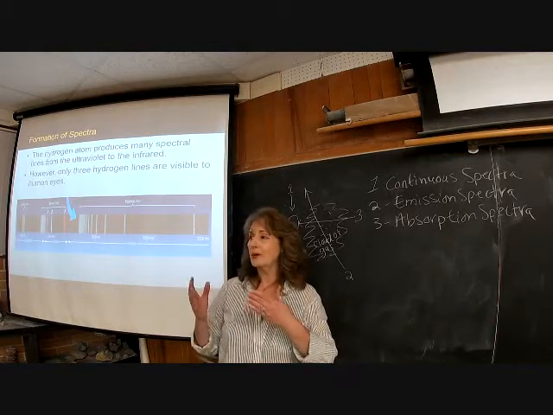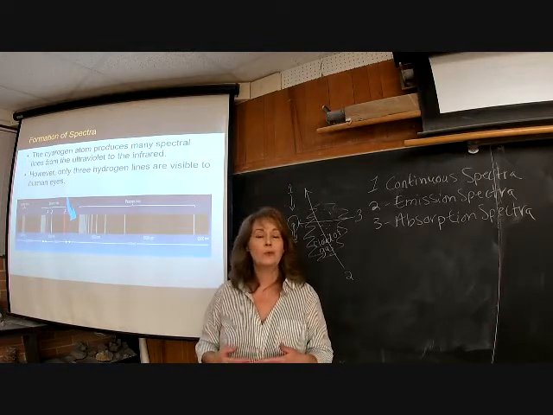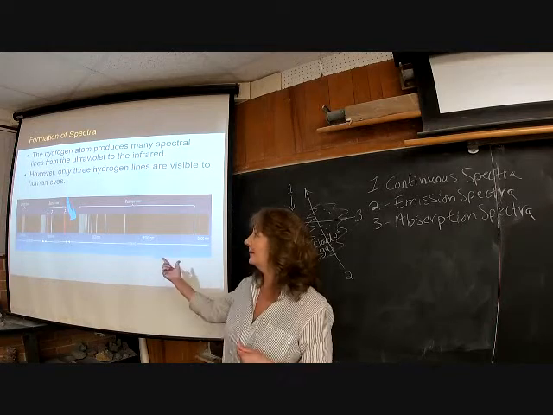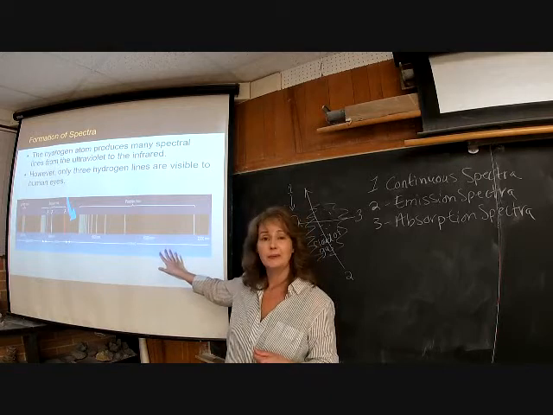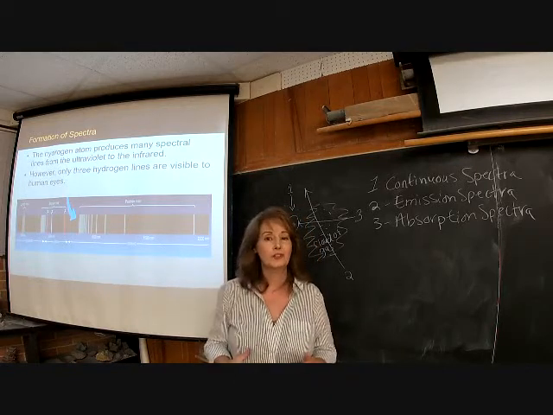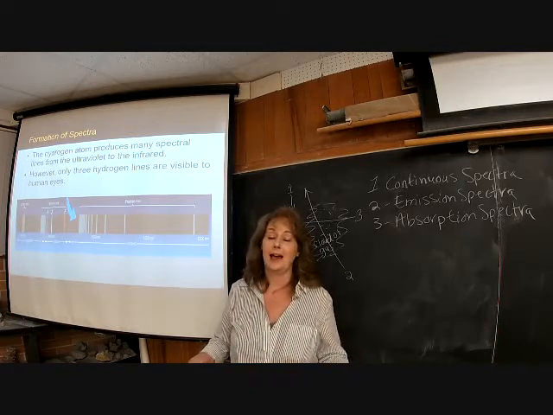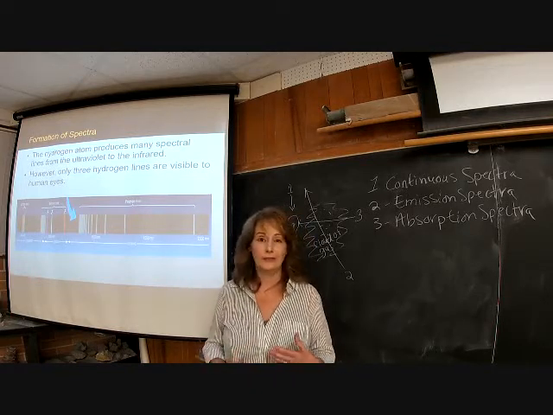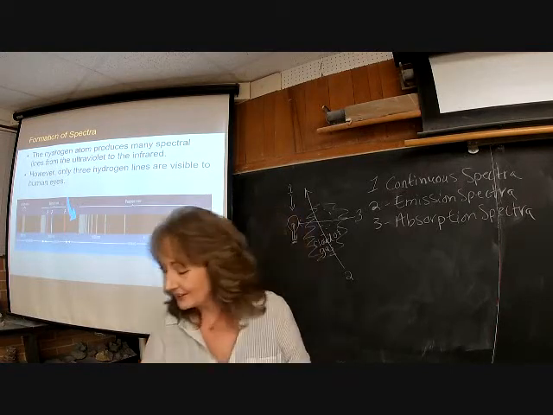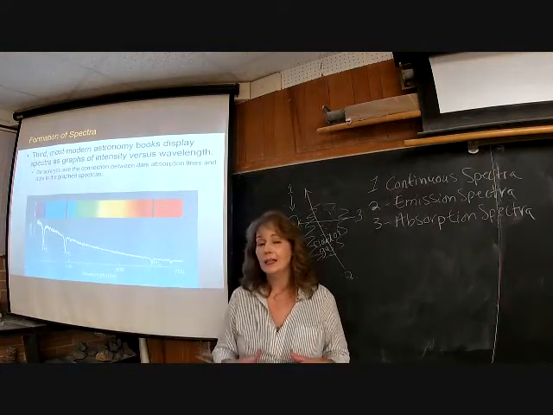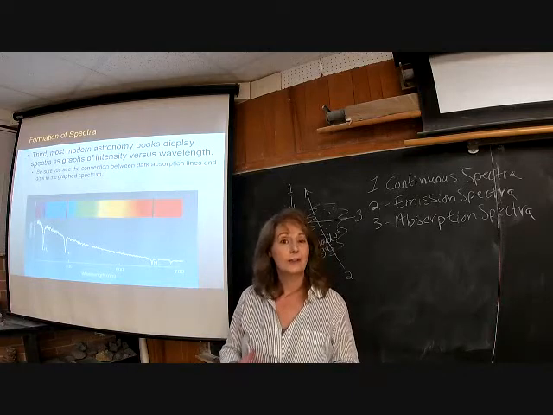So if an astronomer pointed their telescope and spectroscope towards an object and got this set of spectra at these particular wavelengths, they knew that the composition of that object had hydrogen in it. And there's a unique set of these spectra for every single element that we have. So we can determine the composition of stars because of their spectra.